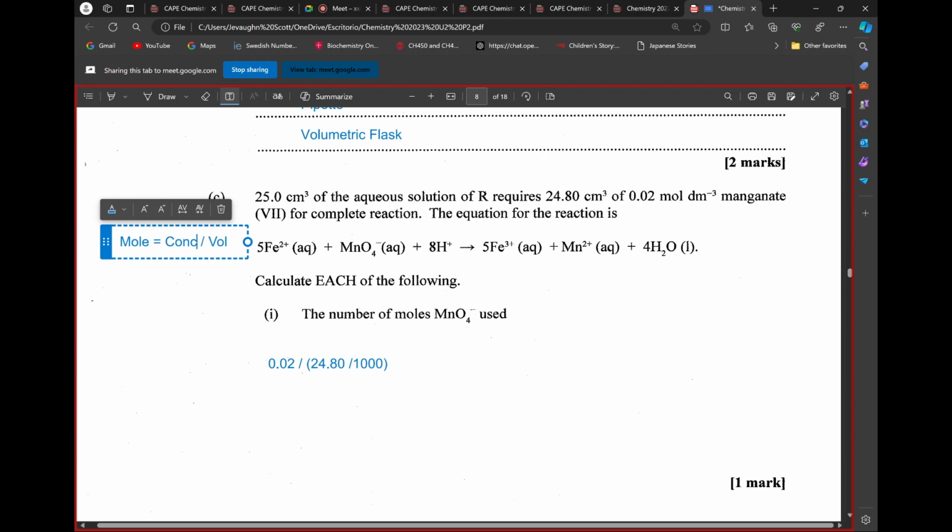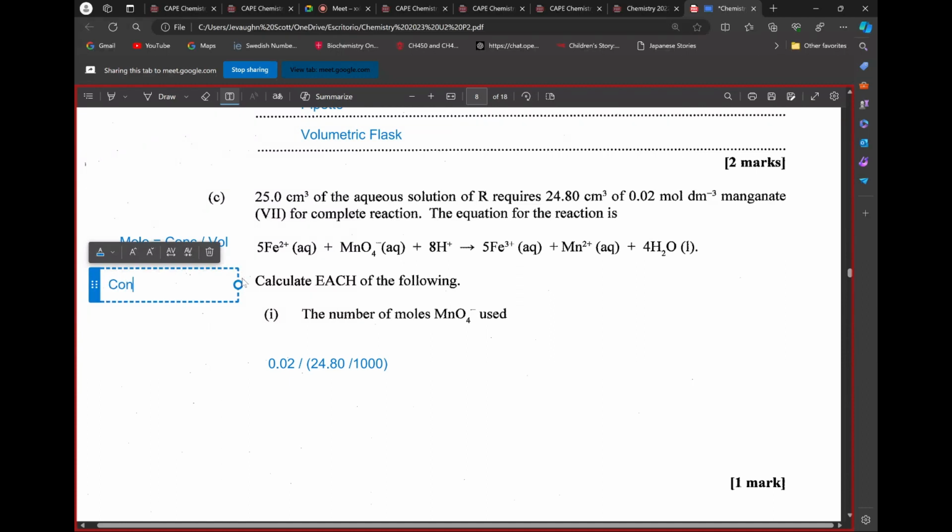If concentration is the number of moles in, okay, so let's clear that up. If the molar concentration is the number of moles divided by the volume, then what is mole? Concentration over volume.